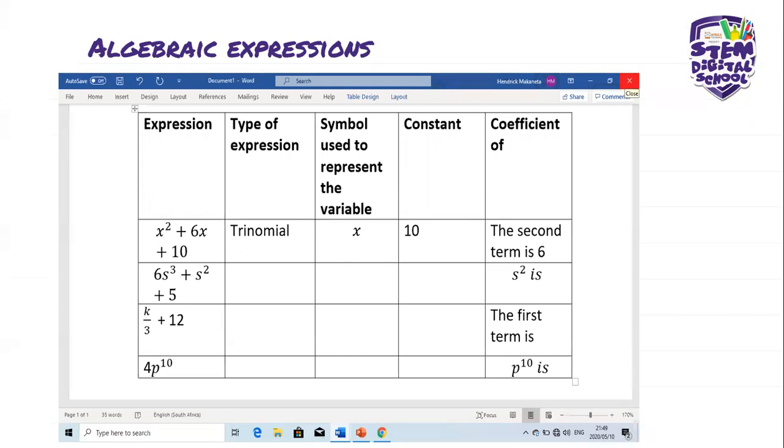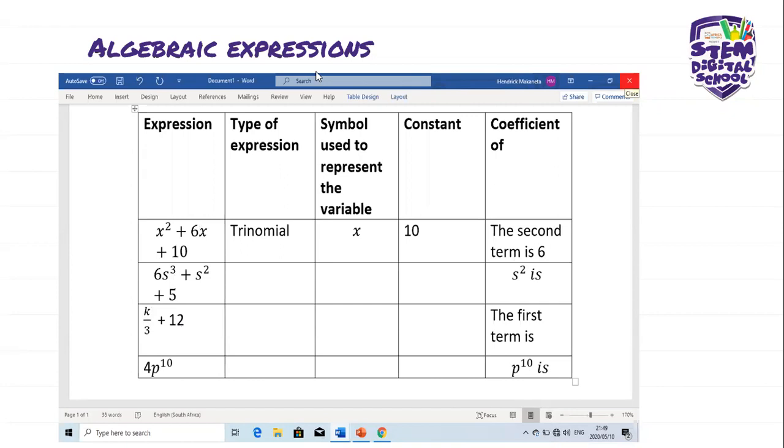What type of an expression is this? Is this a monomial? Is this a binomial or a trinomial? I'm talking about k over 3 plus 12. What type of an expression is this?